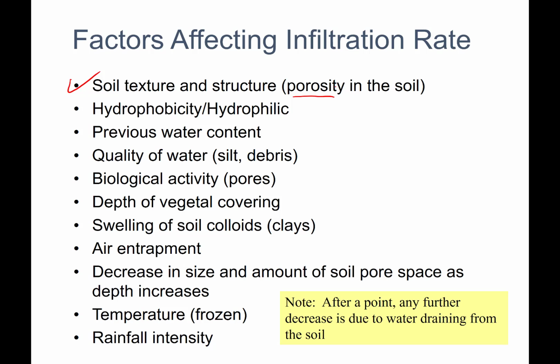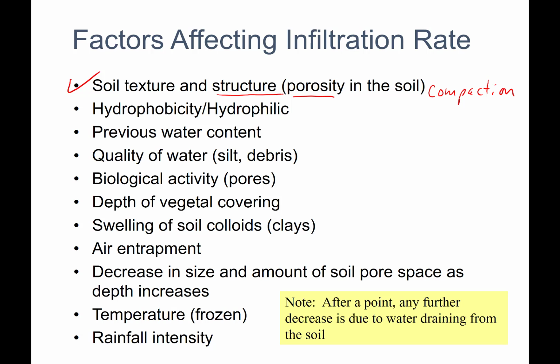The biggest influence humans have on texture and structure typically comes from compacting soil. When you compact soil by, say, driving heavy equipment over the top of it or purposely compacting it for a road, you change the structure of the soil.